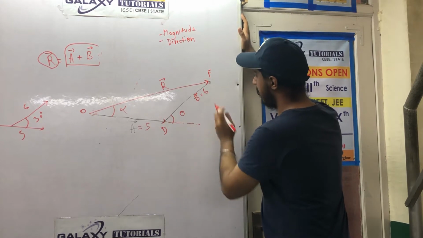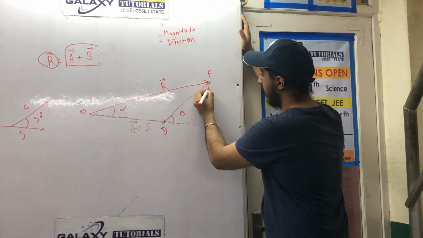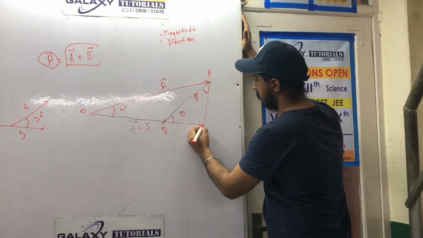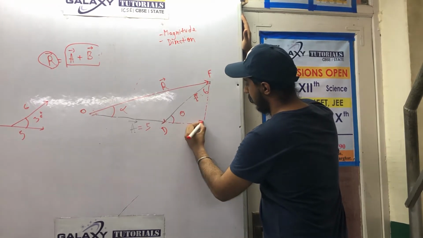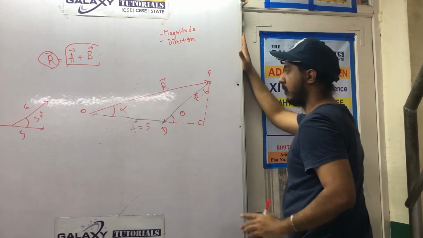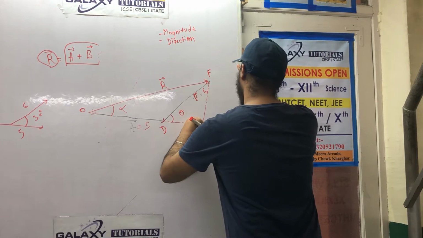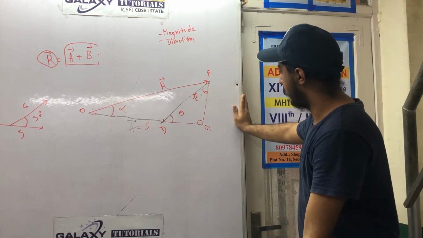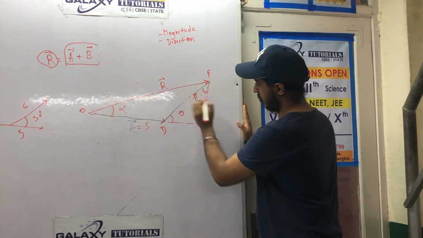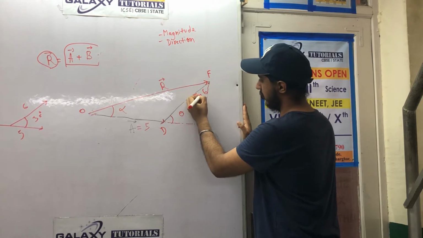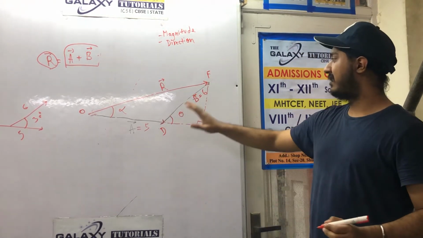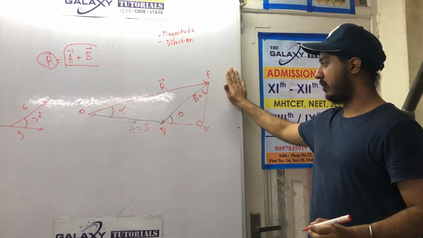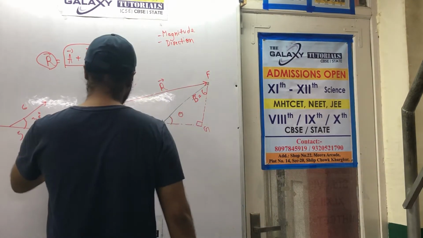You will extend this side here, then draw a perpendicular from point F. The perpendicular you have dropped here makes 90 degrees, and I will give this point the name G. Sorry, this is B here. Let's see what is happening here. Now you will see the triangle OFG.